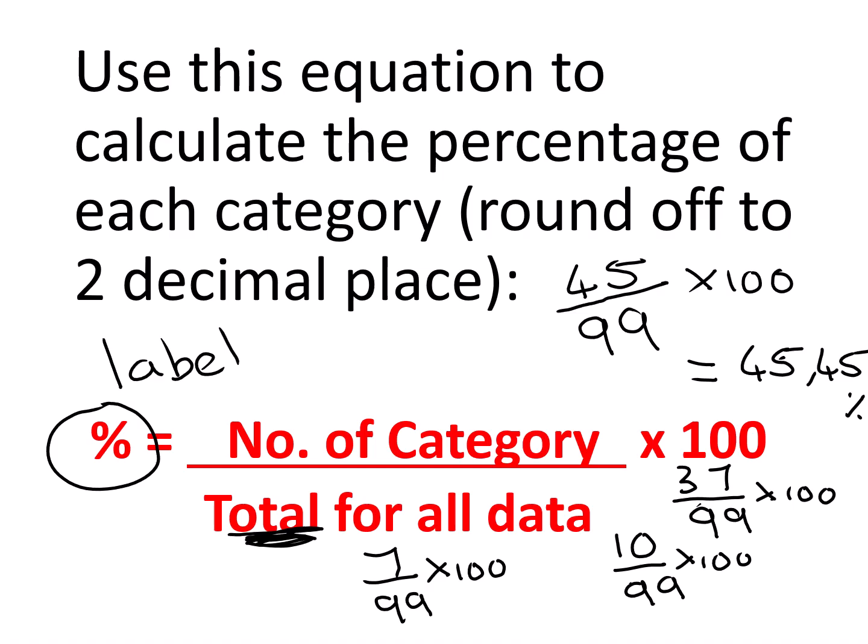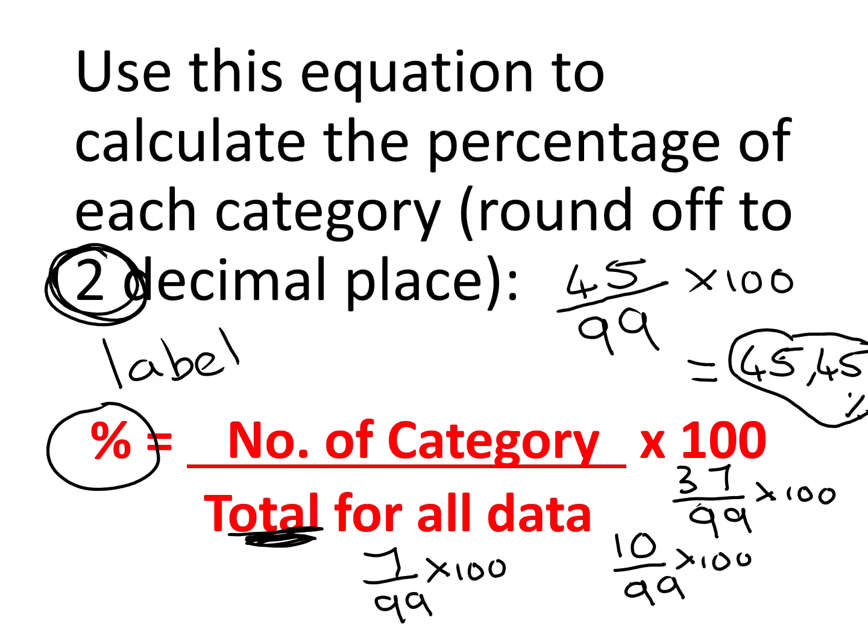Please try and round off to 2 decimal places unless your teacher tells you otherwise. Most of the time we do 2 decimal places. Sometimes you can do 1 to make it a little bit easier, but 2 is the general for the sciences. Okay, so we're doing these percentages for the labels, for the key, not to draw the diagram.